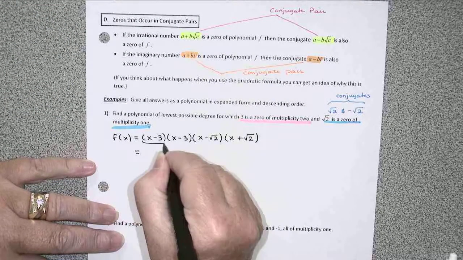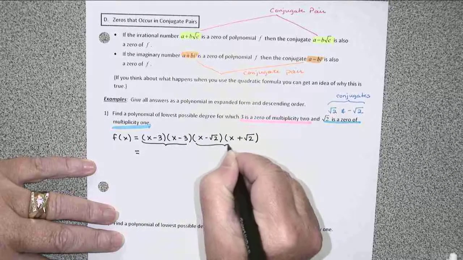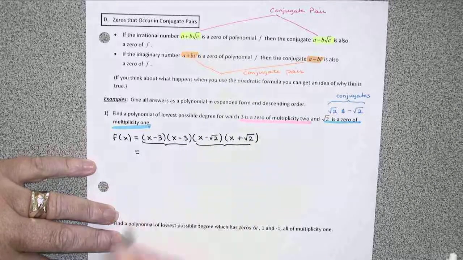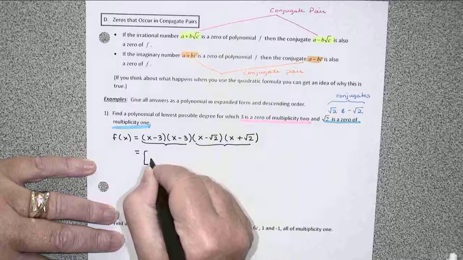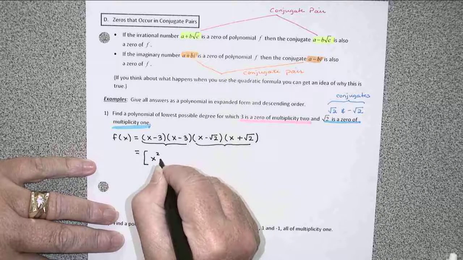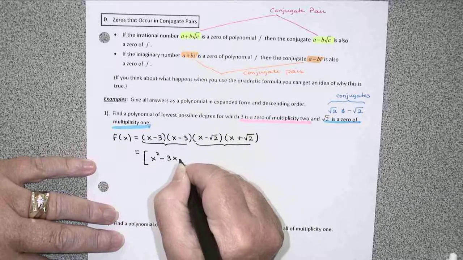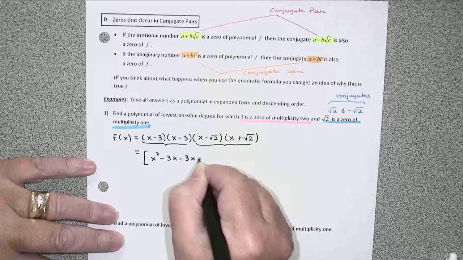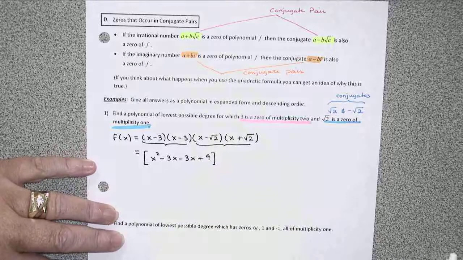I'm going to go ahead and just do them 2 at a time. X minus 3 times x minus 3 is x squared minus 3x minus 3x plus 9.